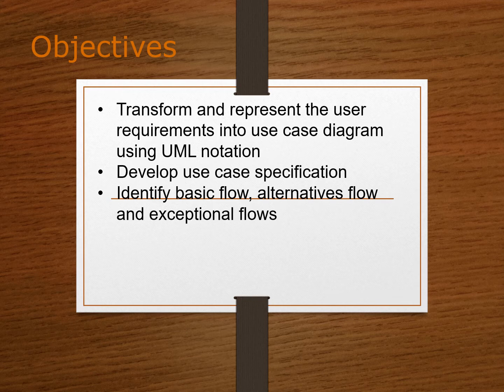After that, we want to describe it more by writing the use case specification, whereby in the use case specification, we can have basic flow, or sometimes called happy flow, alternative flow, the choices, and the exceptional flow, or referring to the error flow.